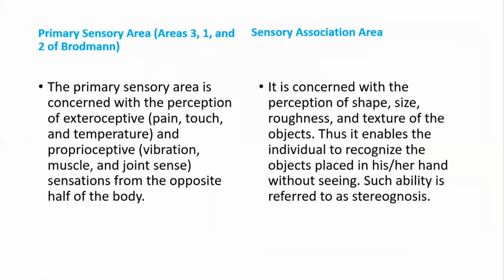And then we have the sensory association area. This one is concerned with the perception of shape, size, roughness, and texture of the objects. Thus, it enables the individual to recognize the objects placed in his or her hand without seeing.